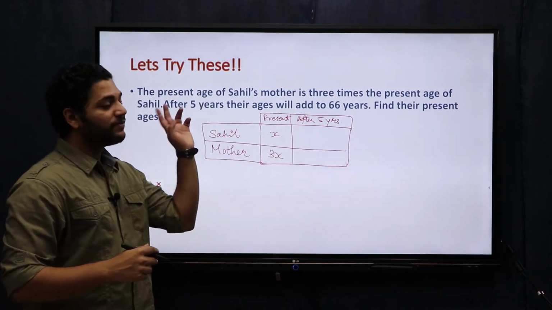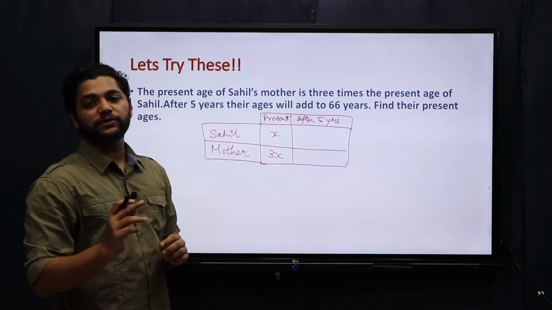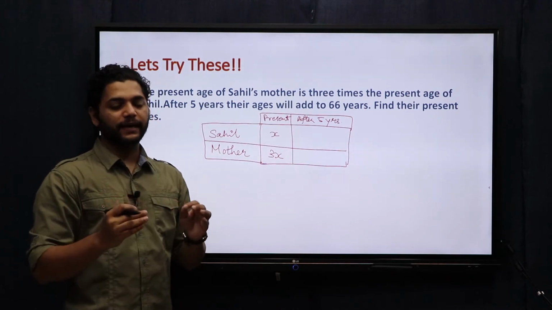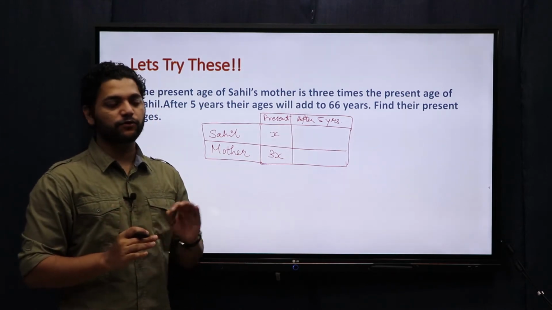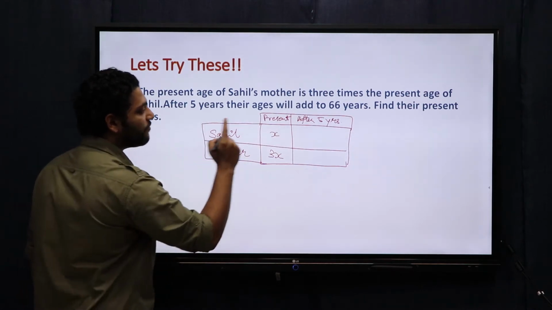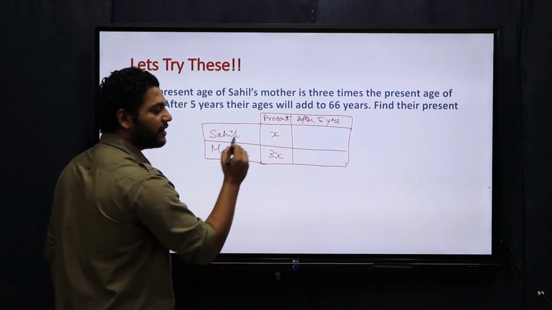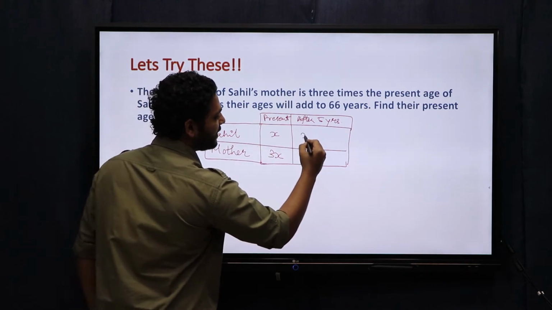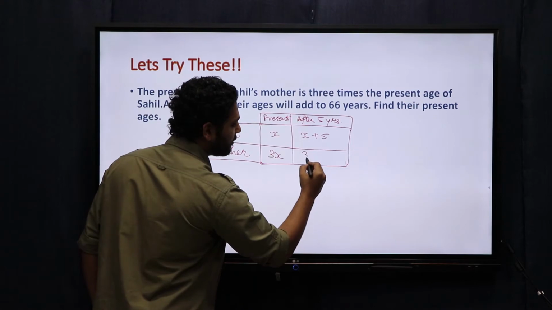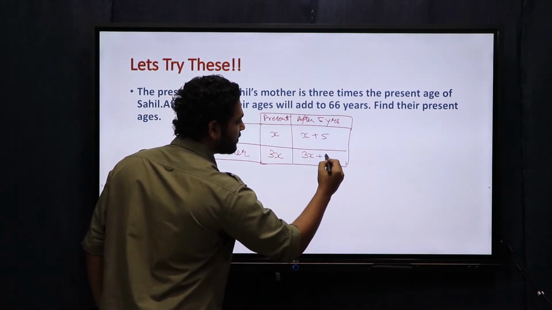Now, after 5 years their ages will add up to 66. So, what does it mean? Just try to think, like if my age right now is 25, after 5 years it would be 30. Similarly, after 5 years, what would Sahil's age be? It would be the present age plus 5 years. And similarly for his mother, it would be present age plus 5 years.